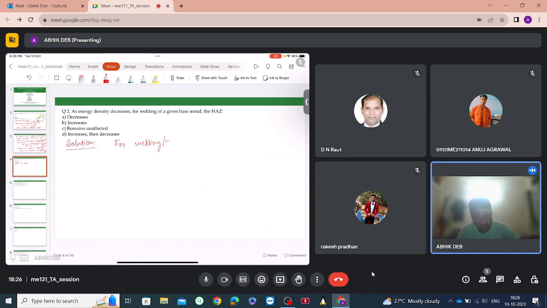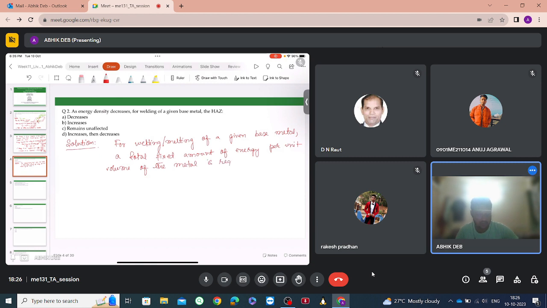For welding or melting of a given base metal, a total fixed amount of energy per unit volume of the metal is required.